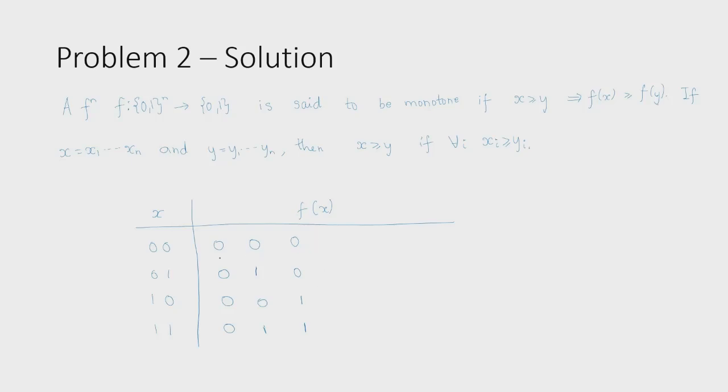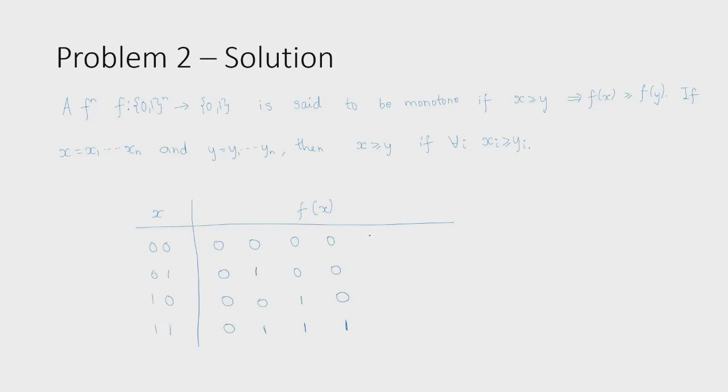Now, I skipped a function actually. So what we can do is, f(00) is 0, f(01) is 0, f(10) is 0, and f(11) is 1. So this gives us one more monotone function.